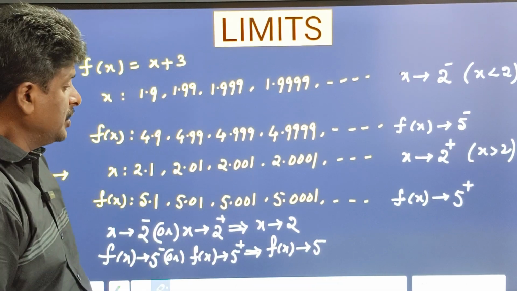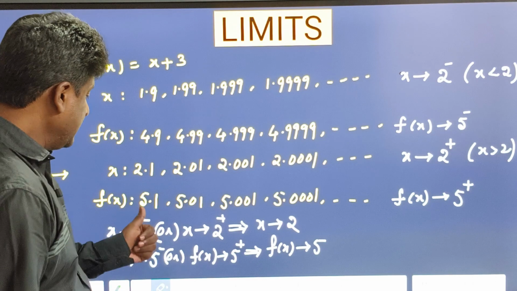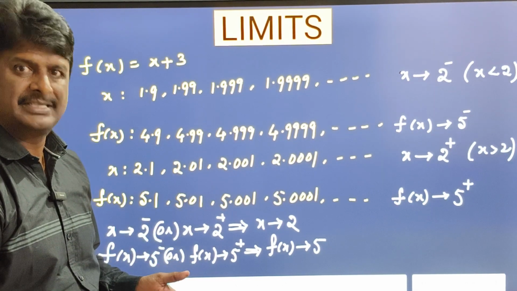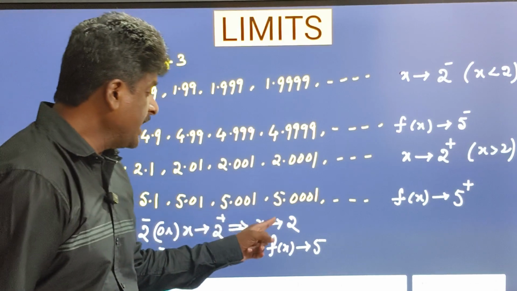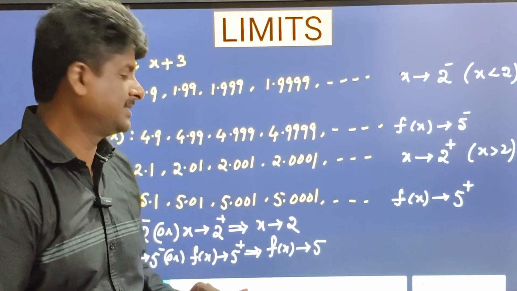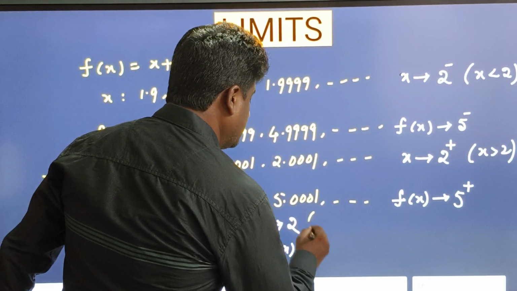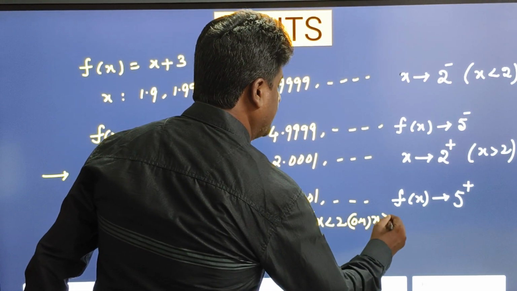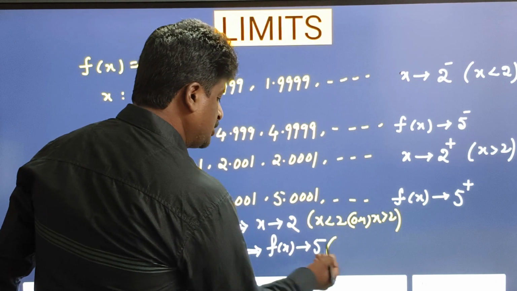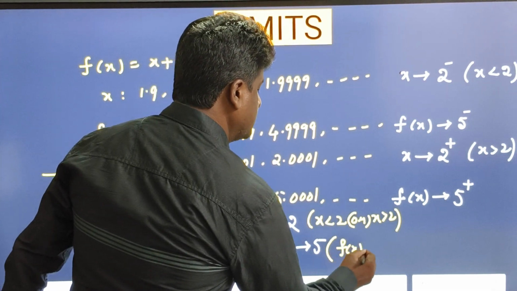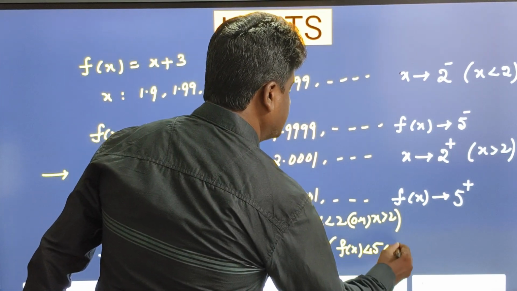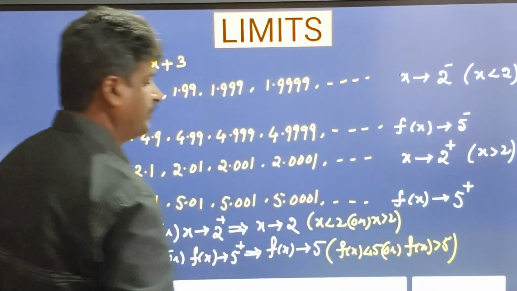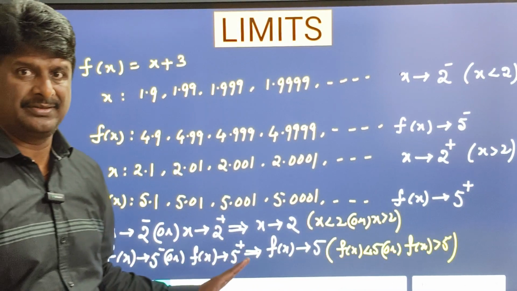Do observe that here plus or minus represents the direction simply. So x tends to 2 means, what does it mean? x may be less than 2 or x may be greater than 2. f of x tends to 5 means f of x may be less than 5 or f of x may be greater than 5.